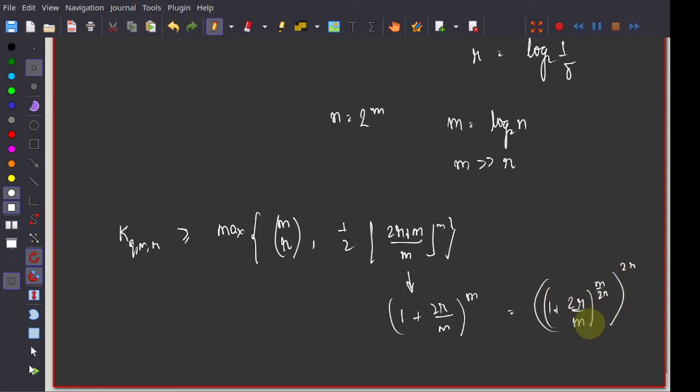As m tends to infinity, what does this tend to? Yeah, e, so that's a constant. So it's a constant raised to 2r, roughly e to the 2r. And what about this particular term? M choose r.